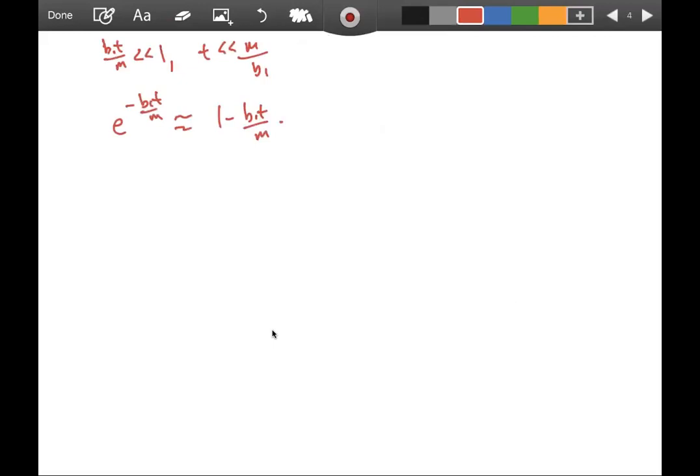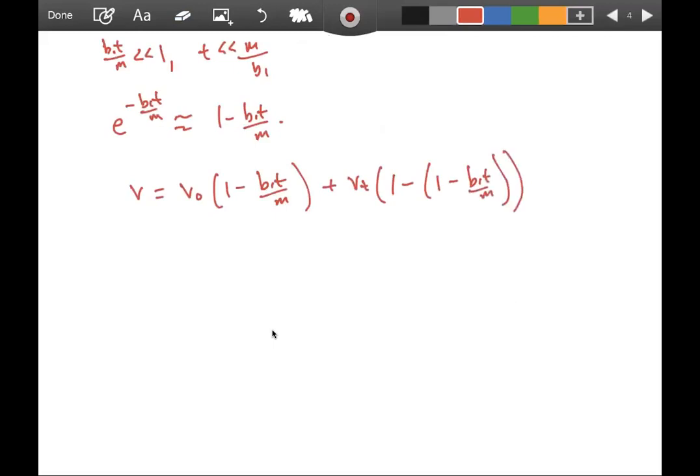So let's plug that in to our velocity. Our velocity is going to be equal to v0 times that guy, so I get a 1 minus b1t over m, plus my terminal velocity times 1 minus b1t over m. Good.